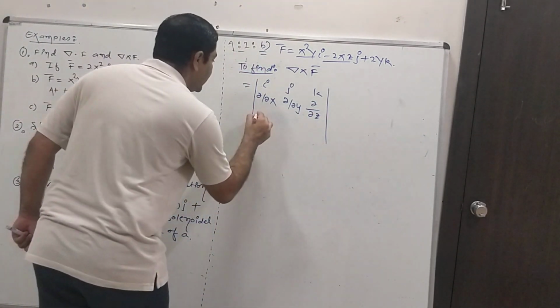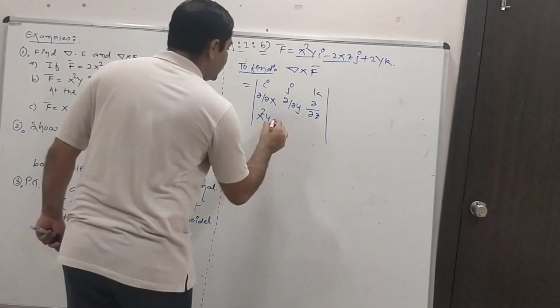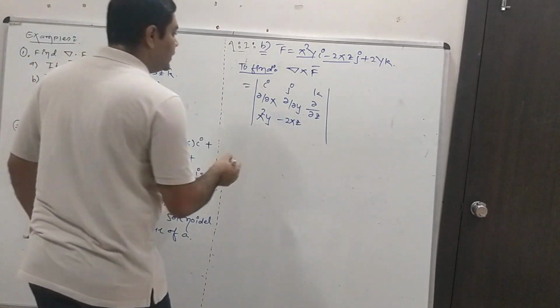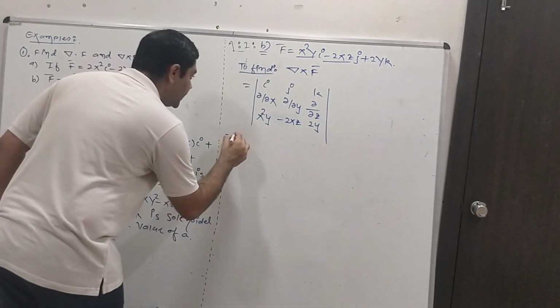F1 is x square y, f2 is minus 2xz, and f3 is 2y. So you can easily simplify it.